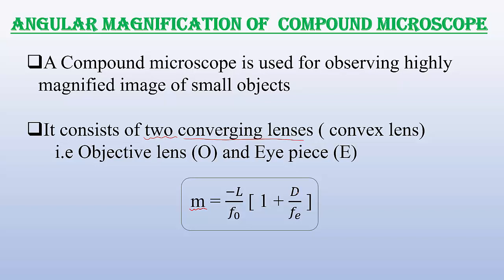Remember, under normal adjustment or at the near point we will get a highly magnified image of small objects. Now let us derive angular magnification of compound microscope.